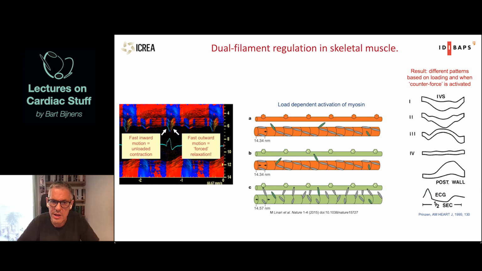Now, what seems to be the case, and this is actually quite relevant, is that when you look at the physiology of actin-myosin, it seems we have different types of myosin also. That means that if contraction takes place at a low load, we have far fewer cross bridges, and different types of cross bridges being used and bound, compared to loaded contraction.